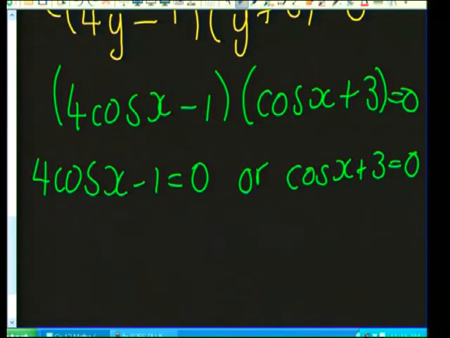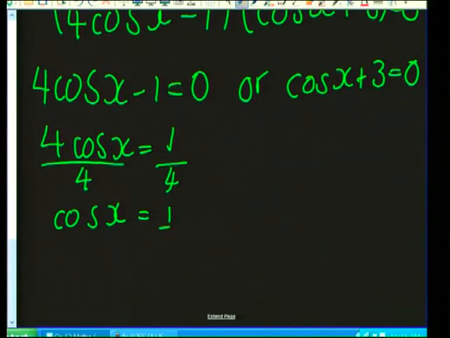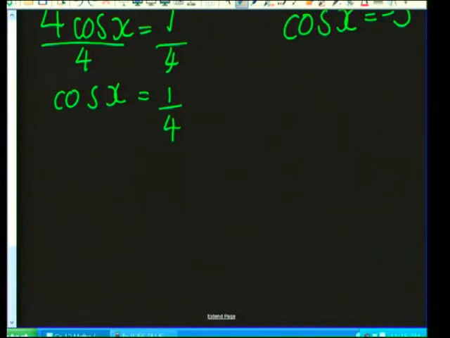Let's solve this one first. 4 cos x is equal to 1. Divide by 4 on both sides. So then cos x is equal to a quarter, or cos x is equal to negative 3. Now, again, we use our calculator.